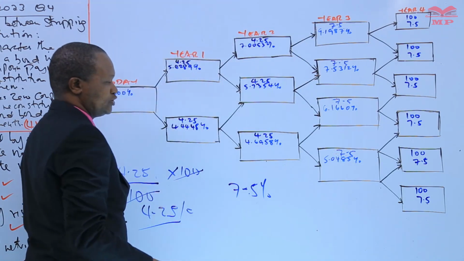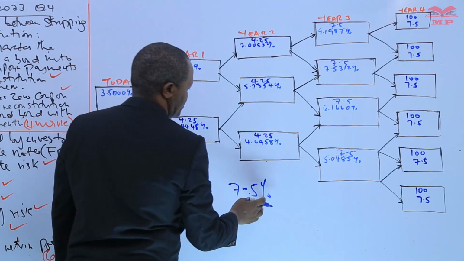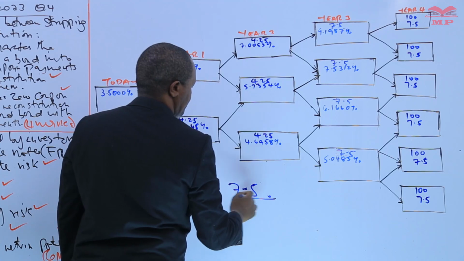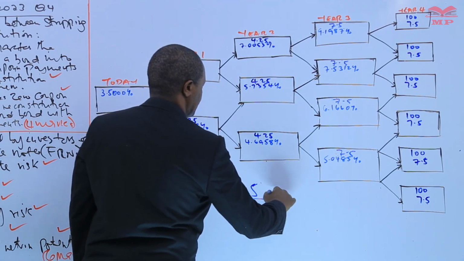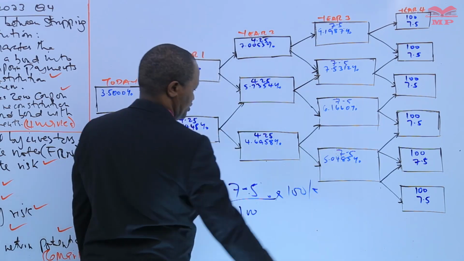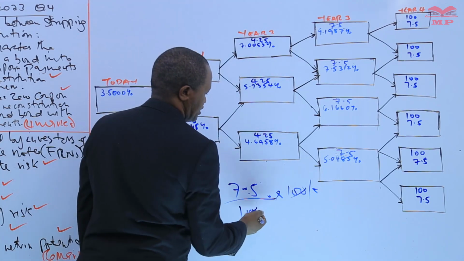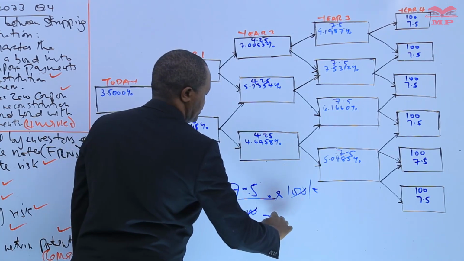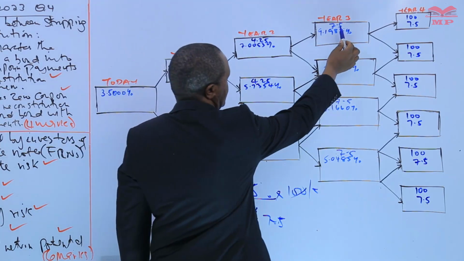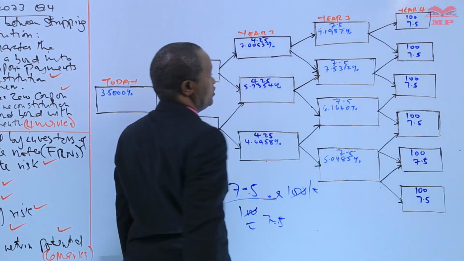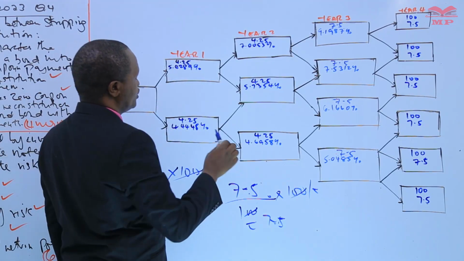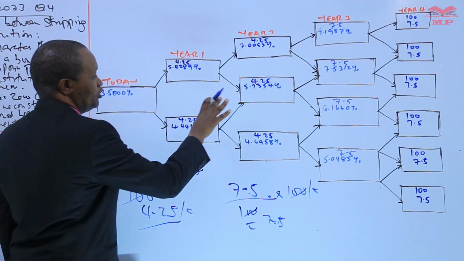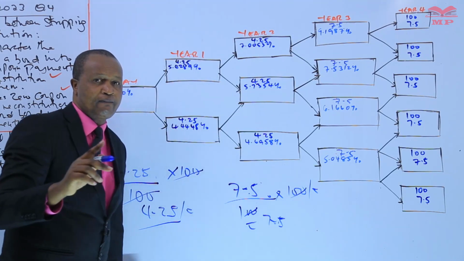When converted into shillings, 7.5 will be equal to 7.5 over 100 times the par value. That's why here candidates we have 7.5 shillings, 7.5 shillings in year 3 and year 4. That explains why the 4.25 is not shown as a percentage within the binomial tree.